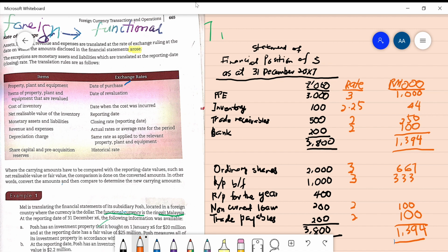So the retained profit is 194, a balancing amount, because you could never tally because of the exchange difference, right? Balancing amount.